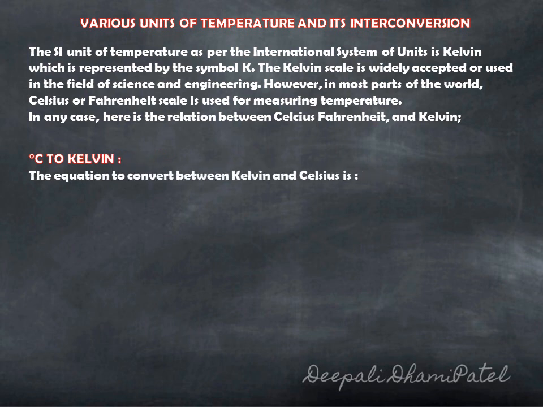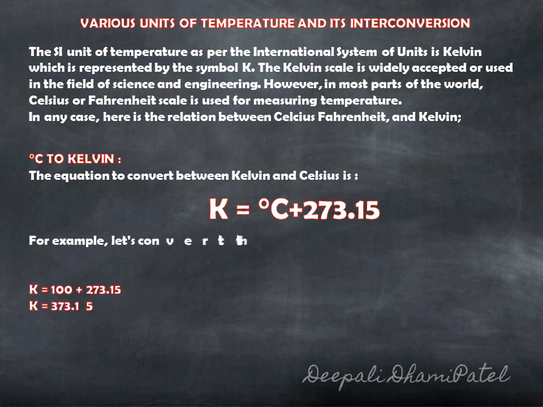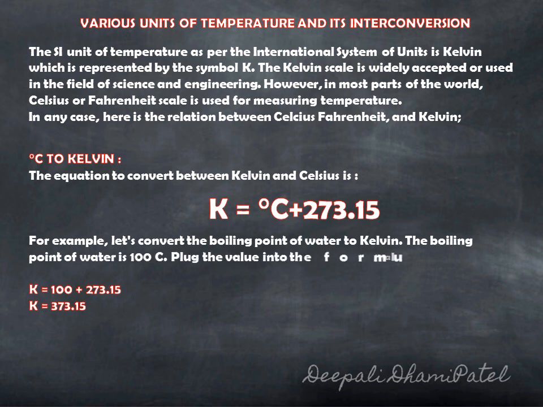Degree Celsius to Kelvin. The equation to convert between Kelvin and Celsius is Kelvin is equal to degree Celsius plus 273.15. For example, let's convert the boiling point of water to Kelvin. Boiling point of water is 100 degrees Celsius.